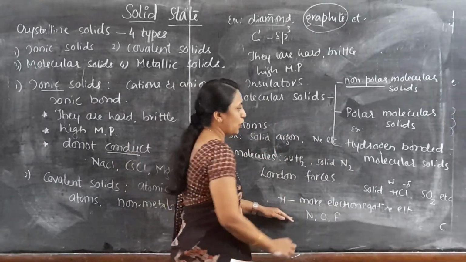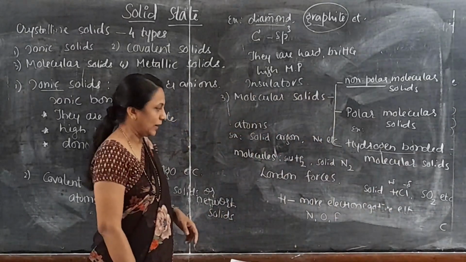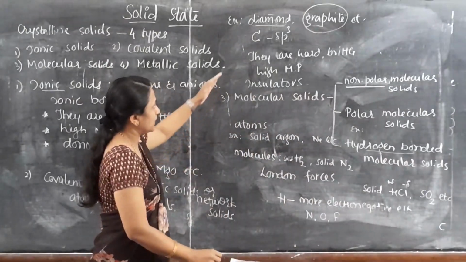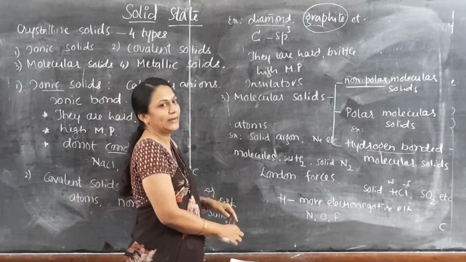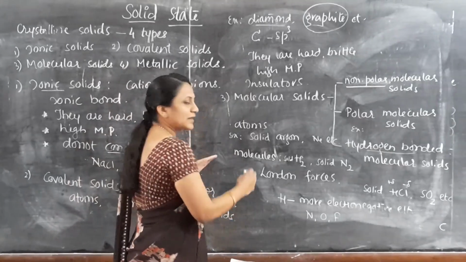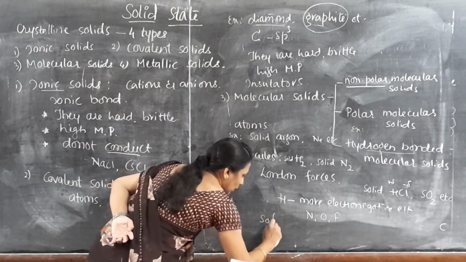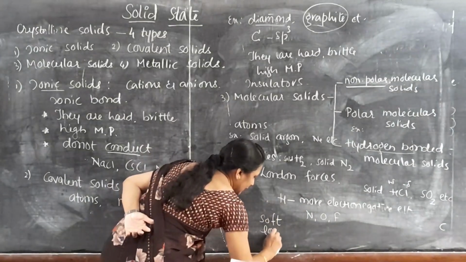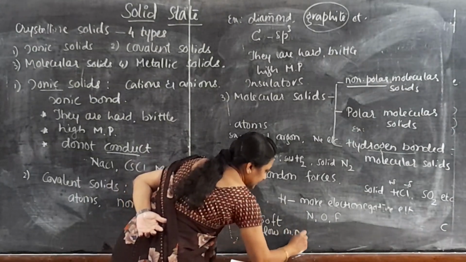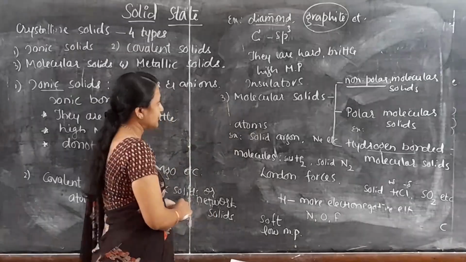That type of bond gives hydrogen bonded molecular solids. These molecular solids are quite soft, and they have low melting points.